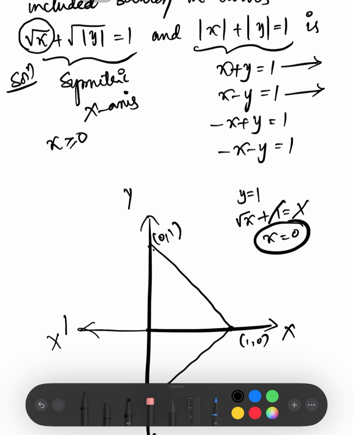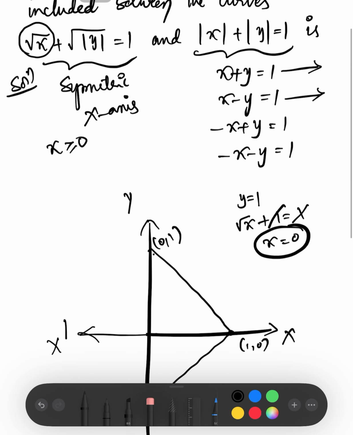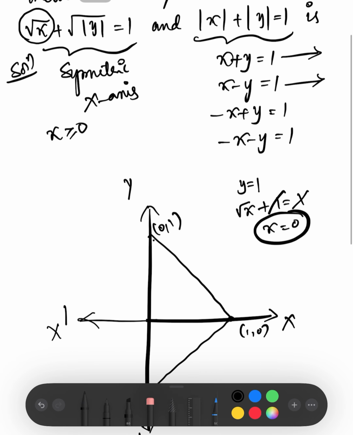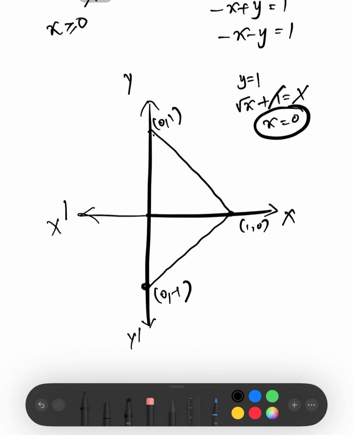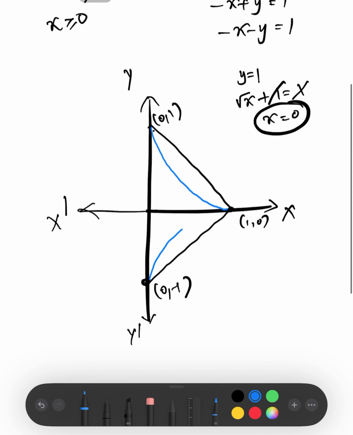If you substitute y as minus 1, then also x will be 0. If you substitute x equals to 1, then y will become 0. Now the graph will be like this. That is root x plus root of mod y equals to 1.